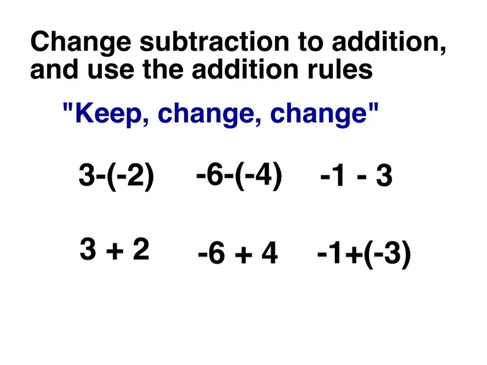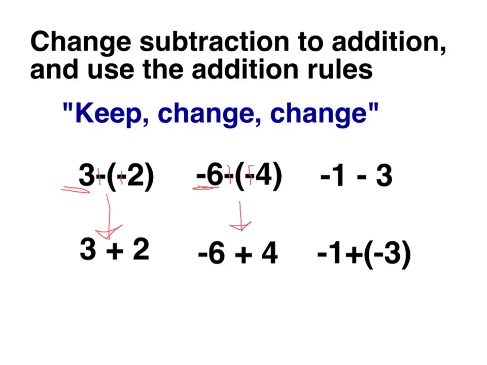3 subtract negative 2. I keep 3 positive, I change this subtraction to addition, I change this negative to a positive, and it becomes positive 3 plus 2. Okay, let's take a look at the next one. I'm going to keep this a negative 6. I'm going to change this to positive, and this becomes negative 6 plus 4.